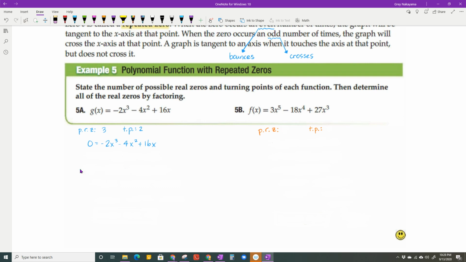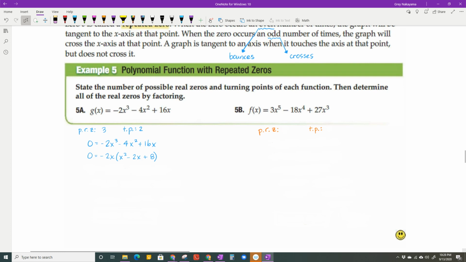So I'm going to factor out negative 2x, and that leaves me with x squared minus 2x plus 8, because when you divide these by a negative, they're going to switch the signs. Okay, so now I'm looking for the factors of 8 that add to give me 2. And that, of course, is not going to happen.